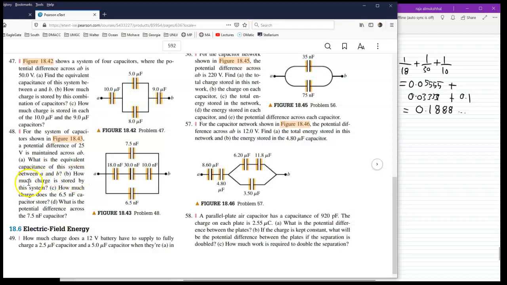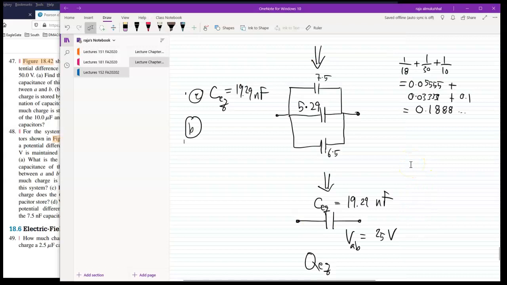he said, how much charge is stored by this system? What is he asking for? Well, he's asking for the Q value, basically the Q equivalent, you see what I'm saying? Let me find how much charge is stored in the system.